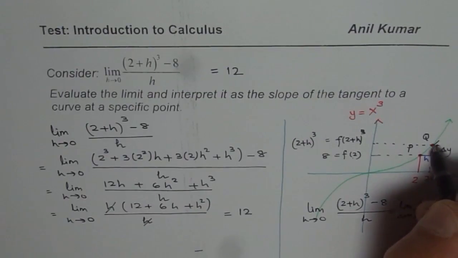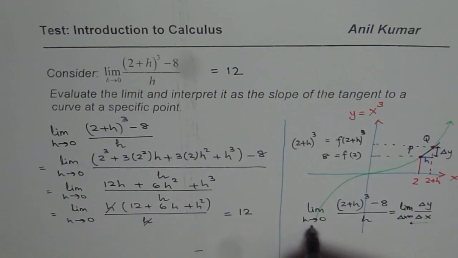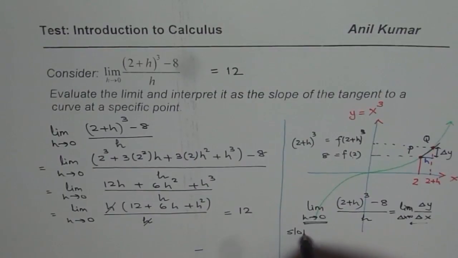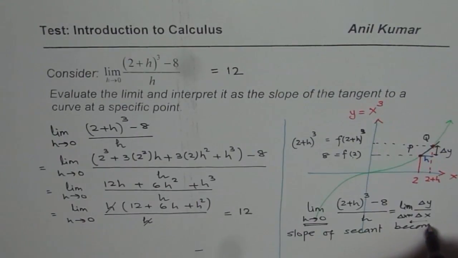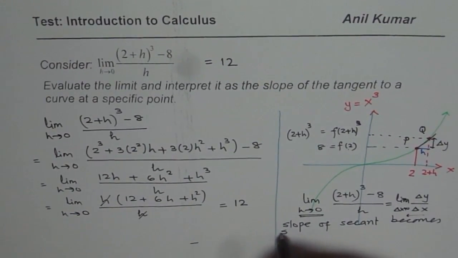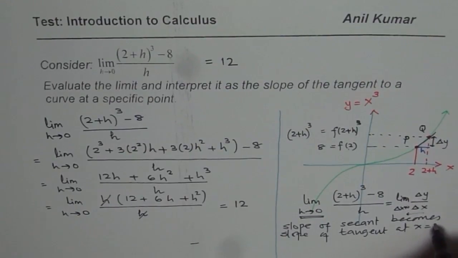So PQ is basically a secant line, but as the distance between these 2 points comes closer and closer, which we say h approaches 0, the slope of the secant becomes the slope of the tangent, right? So let me push it a bit. Becomes the slope of the tangent at x equals 2.